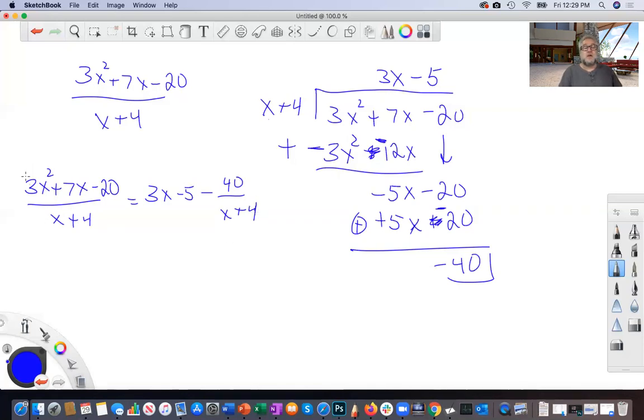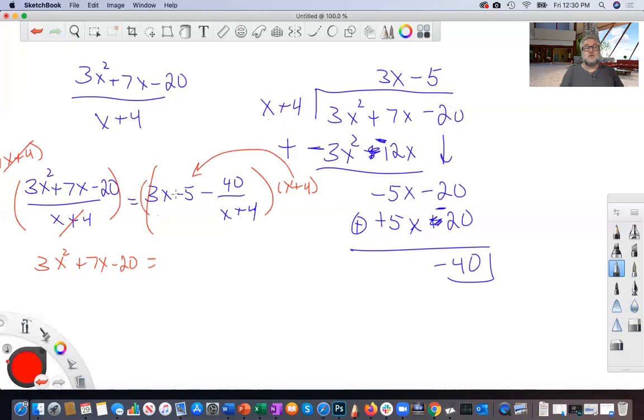And if I multiply through by the denominator like I've done before, I'll multiply this side by x plus 4, and multiply this side by x plus 4. These will cancel, and we just get 3x squared plus 7x minus 20 equals, this one will get multiplied into this piece, 3x minus 5, x plus 4, and then it'll get multiplied here, and the denominator will cancel.